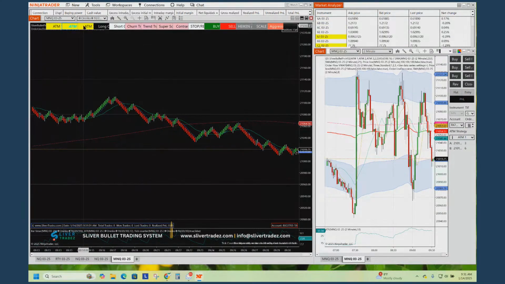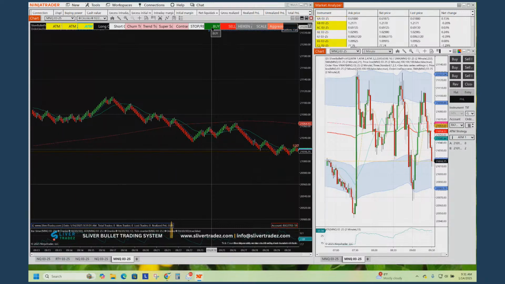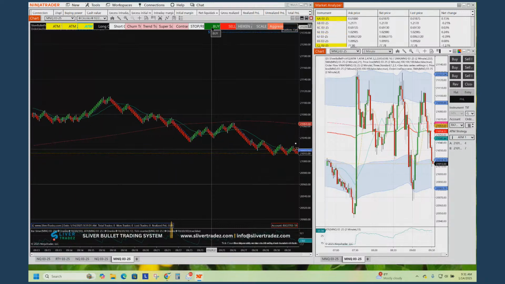So here with micros, I will take a trade when I have a clear sense of direction. It has already traveled down quite a bit, so I'm not going to short, and I'll be looking only for long trades.